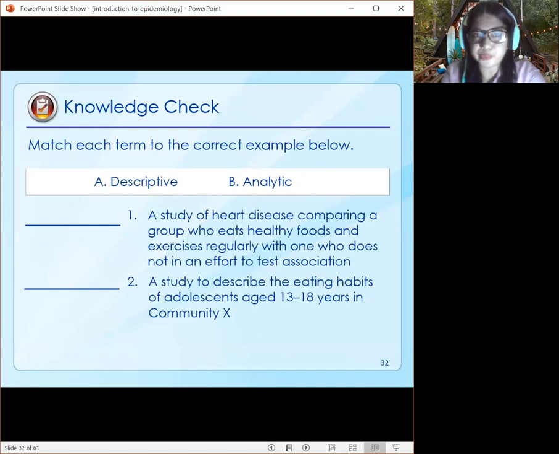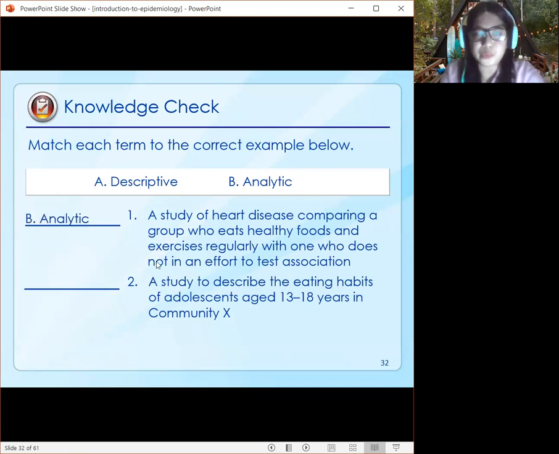The reason you are comparing a group who eats healthy food and exercises with one who does not is that you think exercise or lifestyle is a possible factor that influences an individual's heart disease. So definitely you can do that by using the analytic type. So our answer for number 1 is analytic.